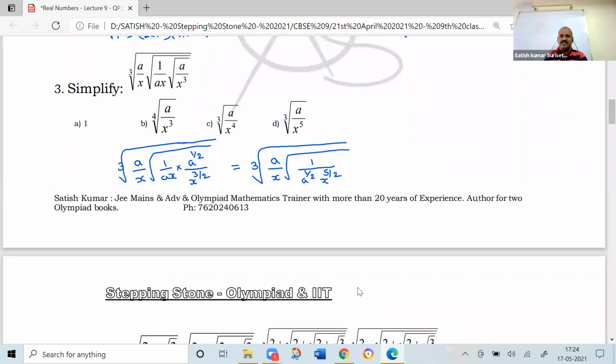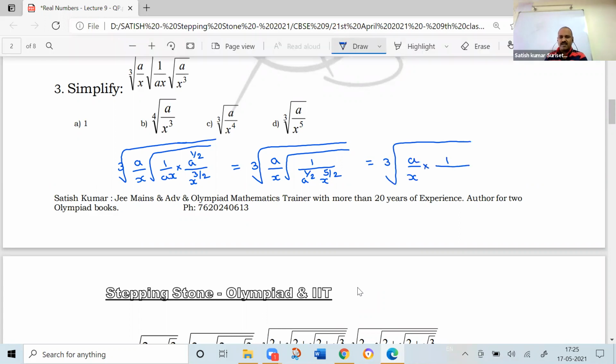Now remove the inside root. So cube root of a upon x. When I remove this root, it will become 1 upon a to the power of 1 by 2 whole power 1 by 2, means a to the power of 1 by 4. x to the power of 5 by 2 whole power 1 by 2, so x to the power of 5 by 4.